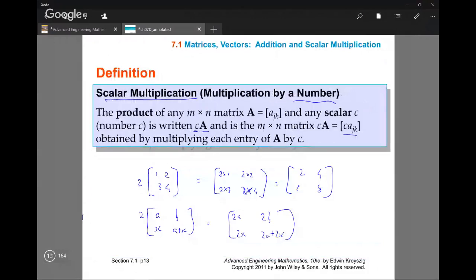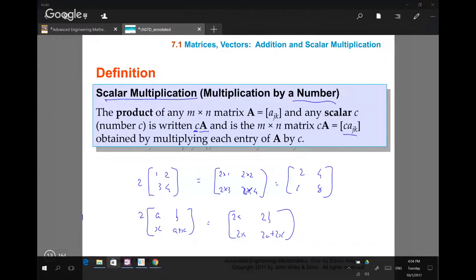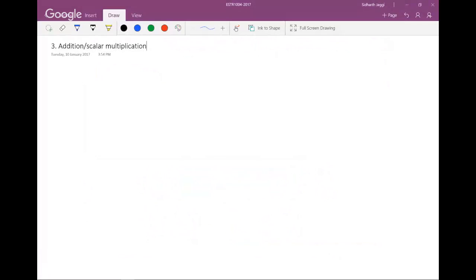What are the geometric meanings of these things? It's easier to see the geometric meanings for vectors. Suppose someone gives you the vector 1, comma 2, and also gives you the vector 2, comma 1.